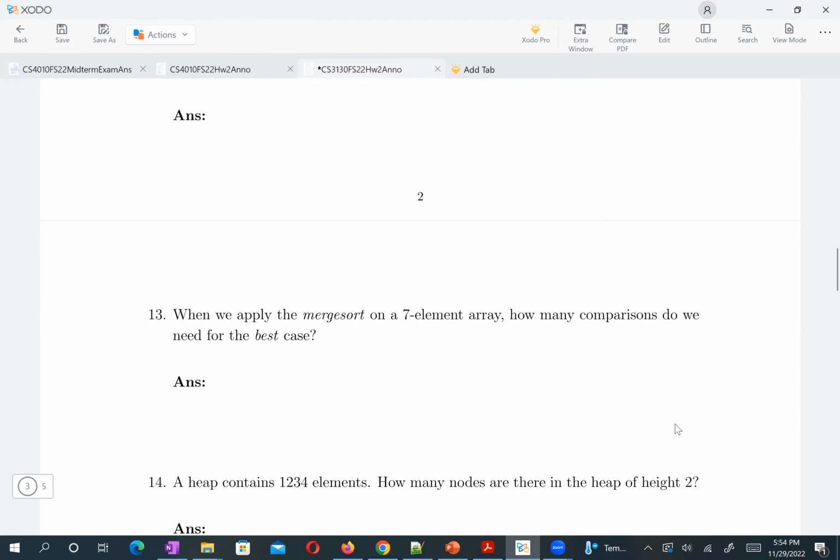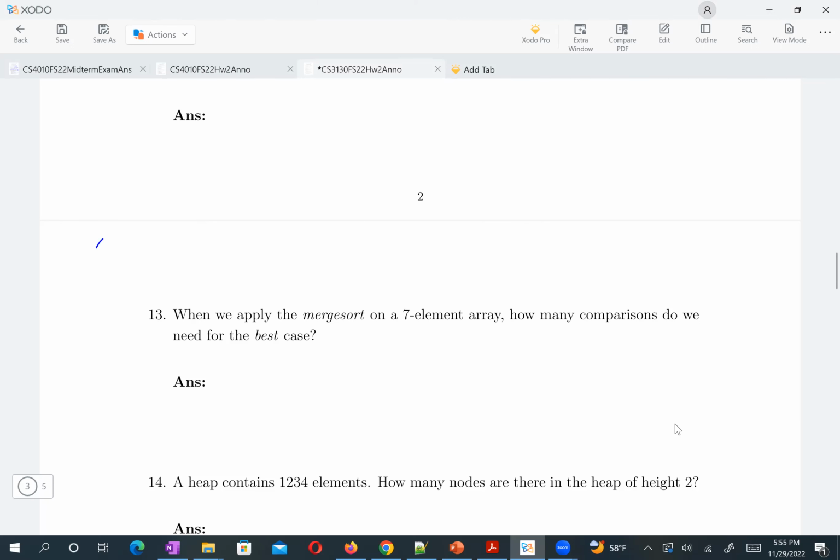Then number 13, the merge sort. Here I like to explain a little bit. A 7 element array. It's an odd number. How many comparisons do we need for the best case? Here, let me show you a simpler example.